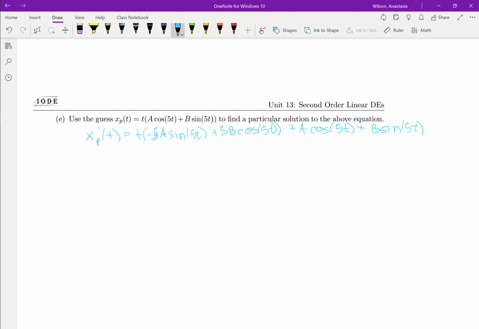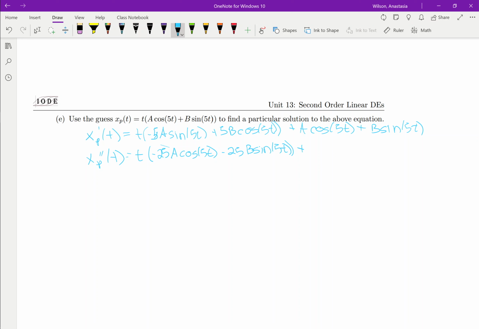And now I'm going to find the second derivative. We'll have to use the product rule again. First times the derivative of the stuff involving the sine and cosine. So that is going to be negative 25a cosine of 5t minus 25b sine of 5t plus the second times the derivative of the first.